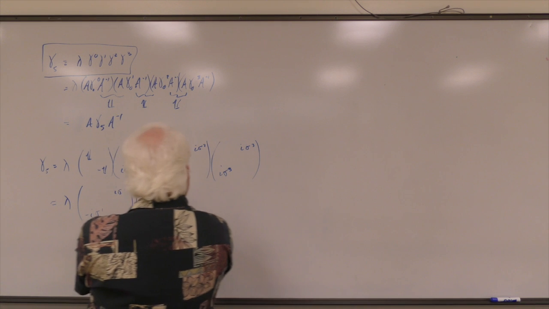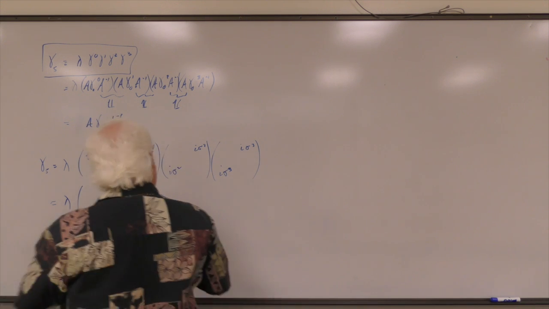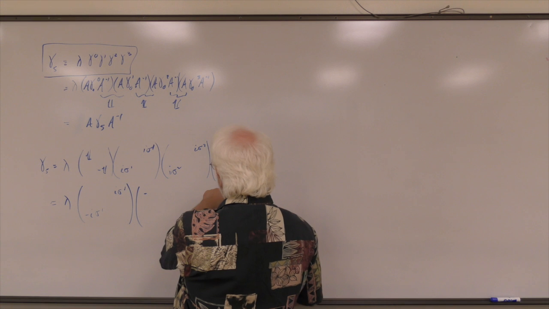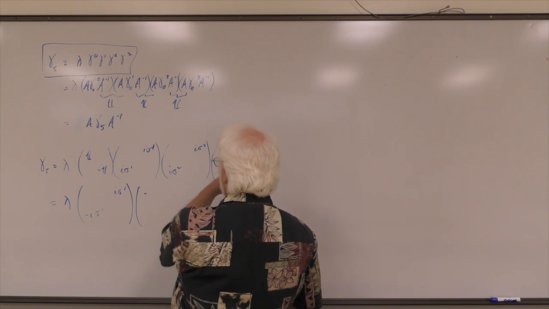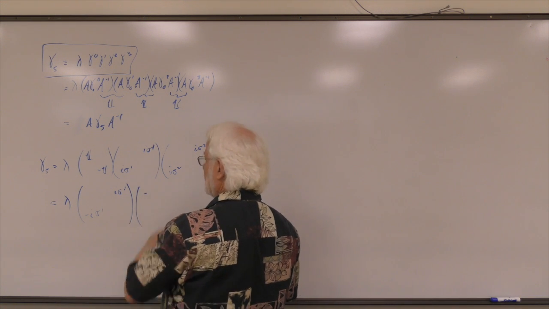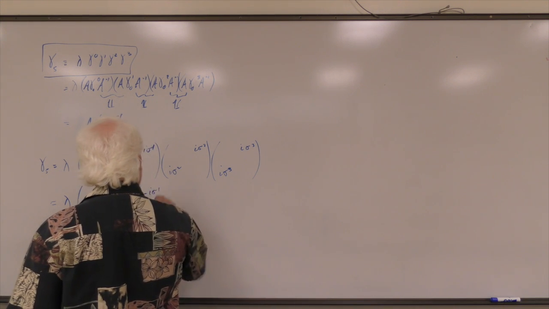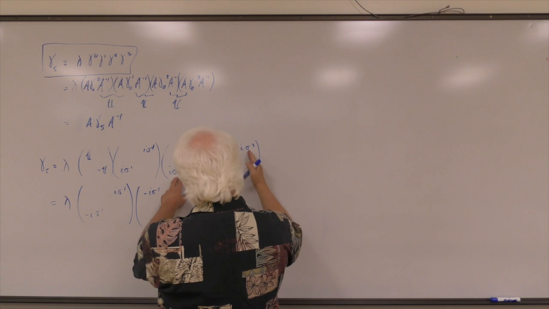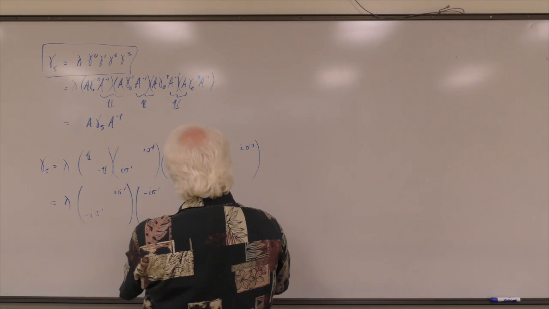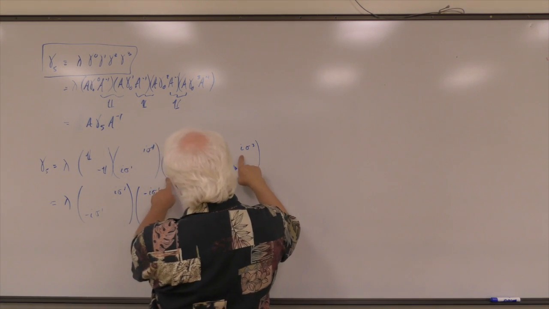Multiplying these two, I get minus, right, sigma 2, sigma 3 is just i sigma 1. So I'm going to get minus i sigma 1 here. And then I get another term in the lower corner. I get a minus from the i squared.